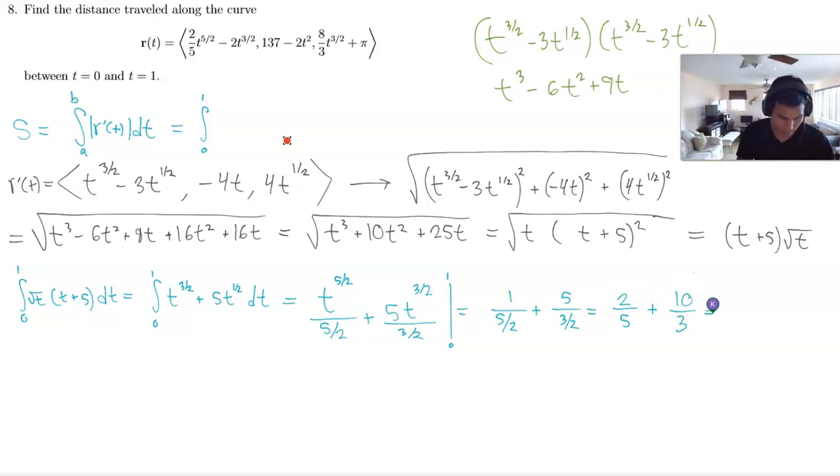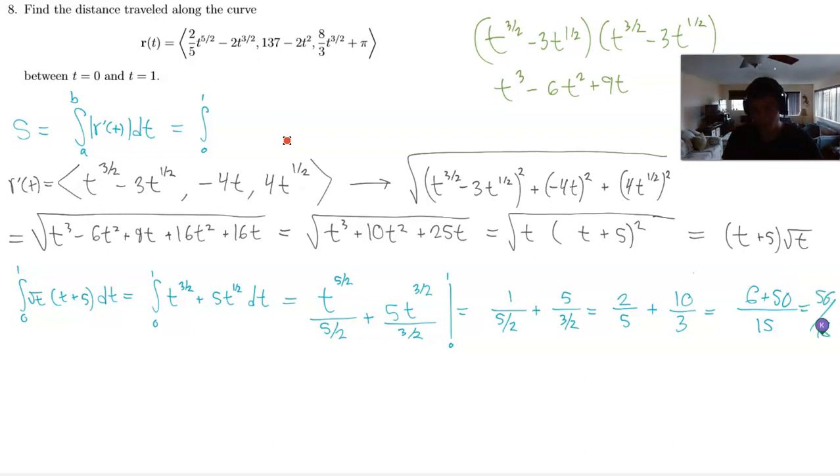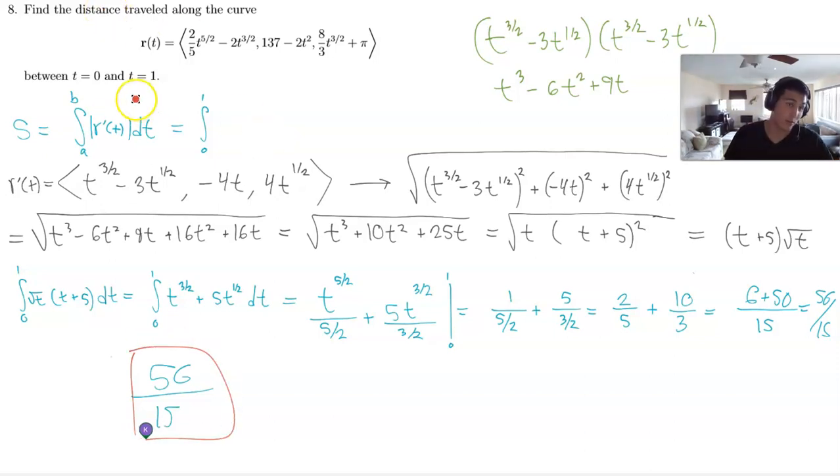Let's find a common denominator, which should be 15. Times the first fraction by 3, we get 6. Times the other by 5. We get 56 over 15, and that is the distance traveled for this vector over that time.